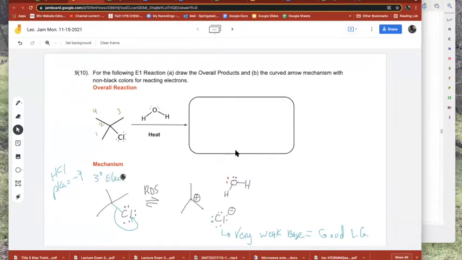The leaving group is left, and now 1 carbon away you can deprotonate. So I can deprotonate here, here, or here. Sometimes students get confused and they try to deprotonate where the leaving group was, or 2 carbons away, but it's got to be 1 carbon away. So you don't get mixed up on that.